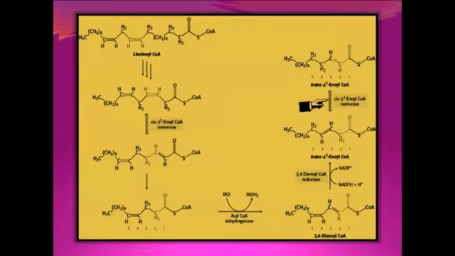Now the enzyme enoyl-CoA isomerase once more comes and converts the double bond between carbon atoms 3 and 4 to the double bond between carbon atoms 2 and 3, so that the problem is now solved with the help of these two auxiliary enzymes, the enoyl-CoA isomerase and the 2,4-dienoyl-CoA reductase, and the normal beta oxidation pathway may continue as usual.